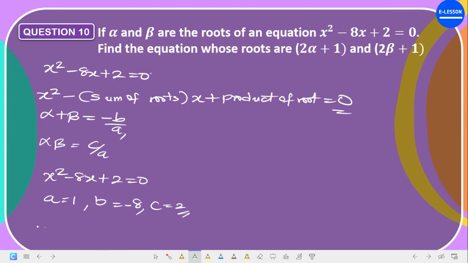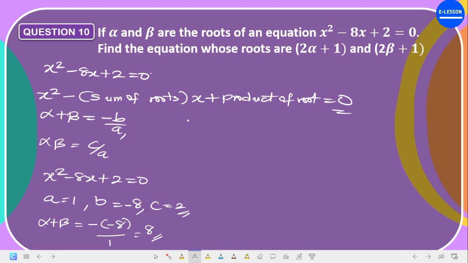Now we need to find our alpha plus beta and alpha beta. What will be our alpha plus beta? We said alpha plus beta is minus b over a. What is your b? Your b is minus 8, so it becomes minus bracket minus 8 all over a. What is your a? 1. Minus times minus is plus, so 8 over 1 is 8. That's your alpha plus beta.